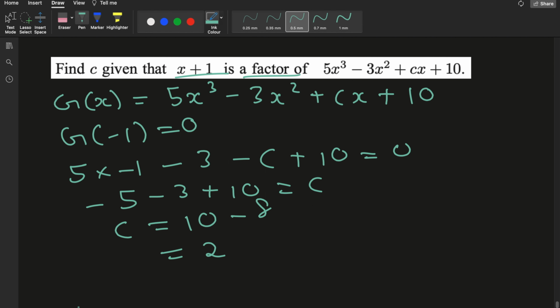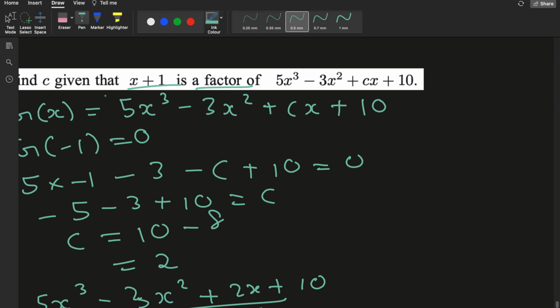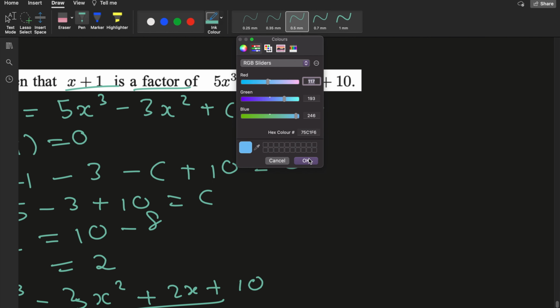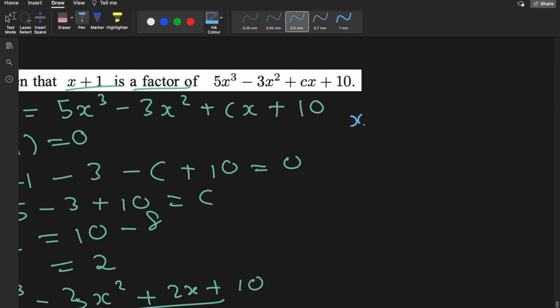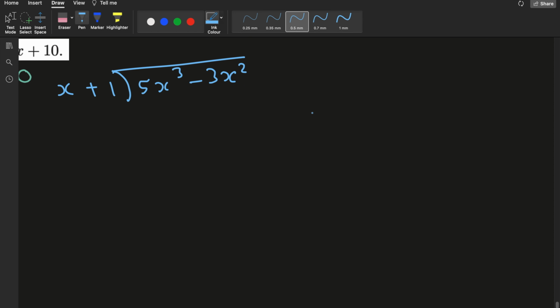So now let's plug this back into the equation. So this is our equation, our polynomial, and let's actually do the long division to make sure that we got the right answer. So the divisor here, the polynomial inside, okay, and now let's do the long division.